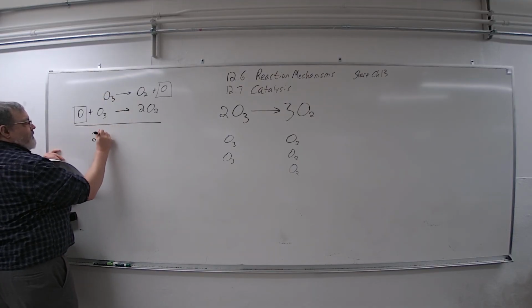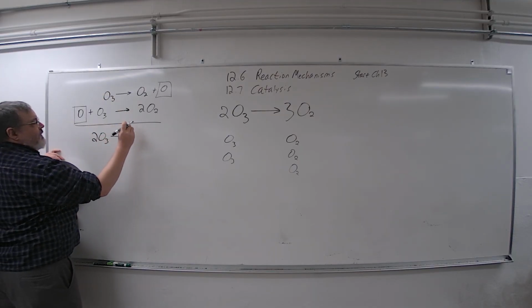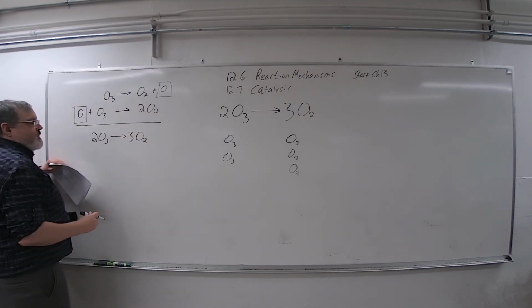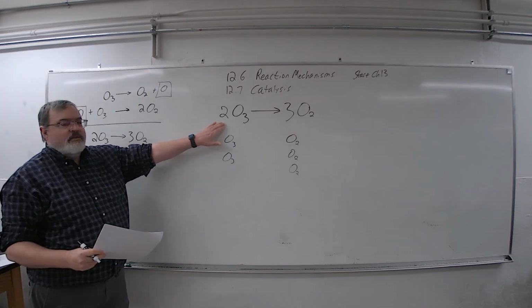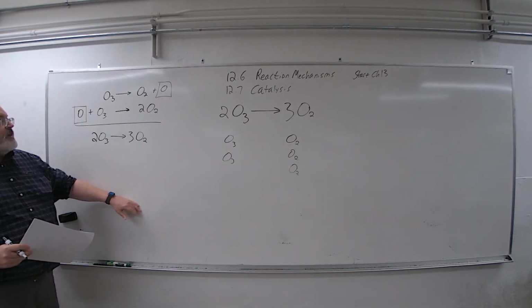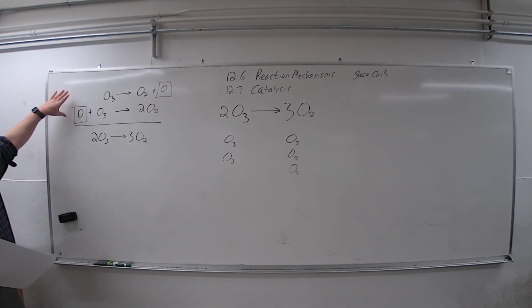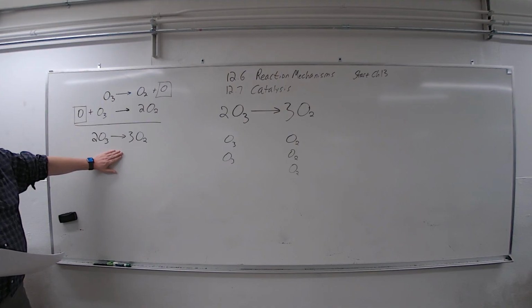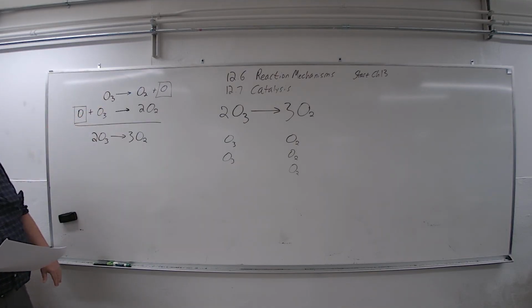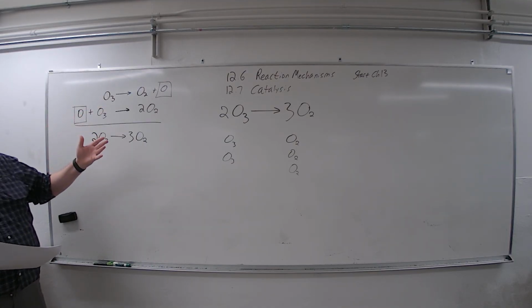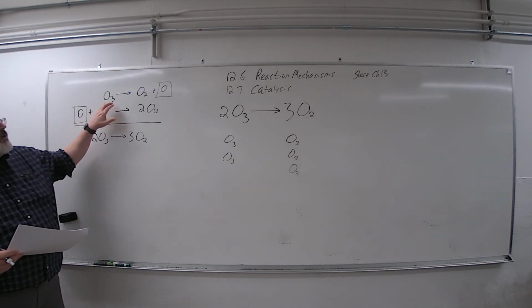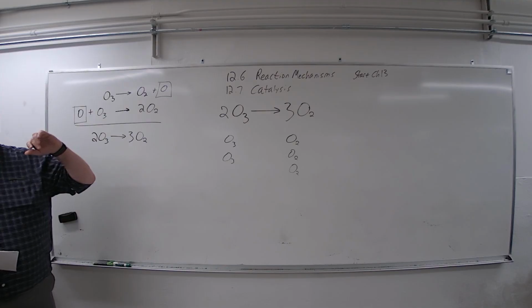I have two O3s and 1, 2, 3 O2s, and that's kind of a double check just to prove that it does come back to this equation. So if you can take this reaction and split it into what we call elementary steps, it should still add up to the main reaction. And once you have the elementary steps, that's the reaction mechanism. It's the specific mechanical way that the O3s go about becoming O2s.